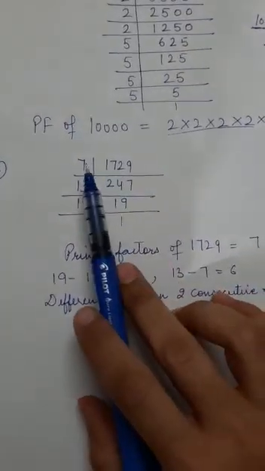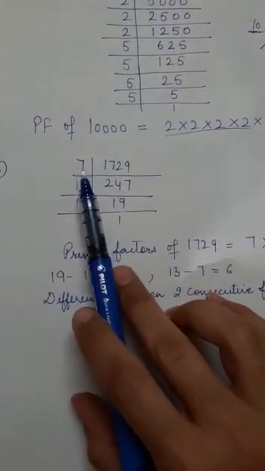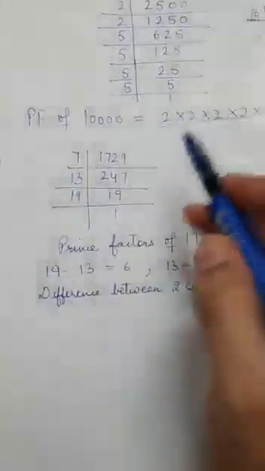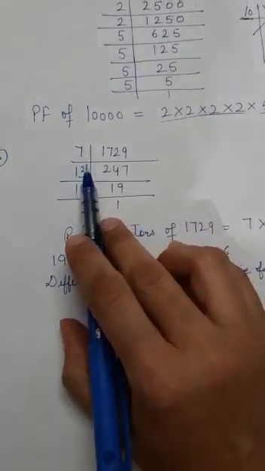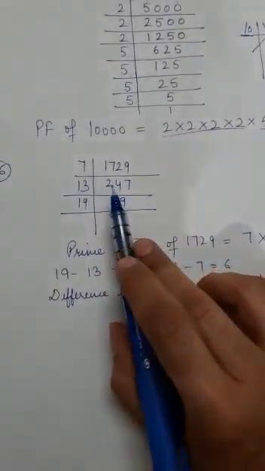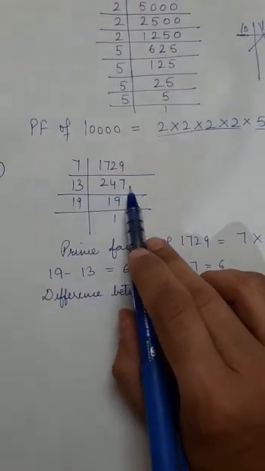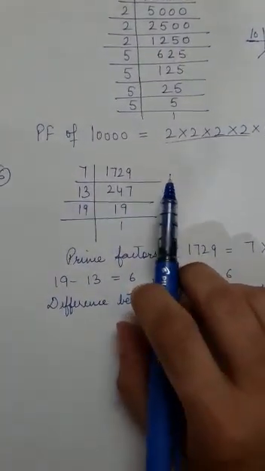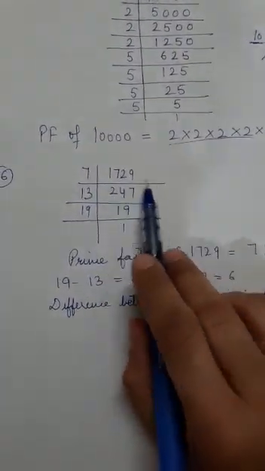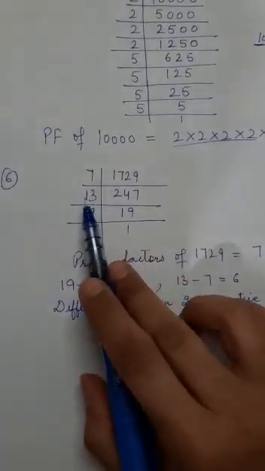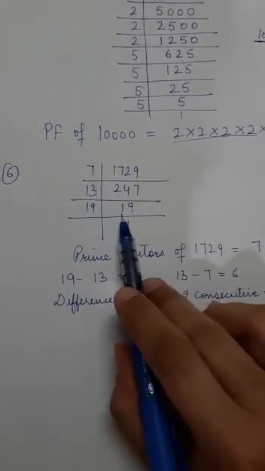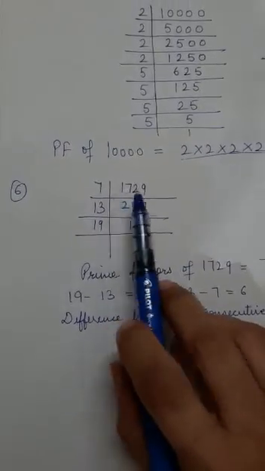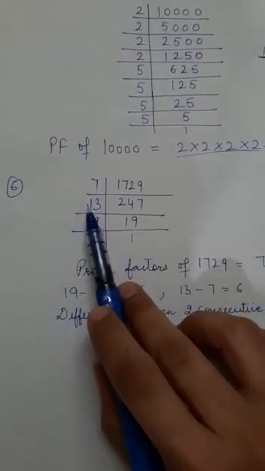Now I know this number is divisible by 7. Okay, so I have divided this number by 7 and I'll get 247. Then I have divided this 247 by the number 13. I'll get 19. And I know 7 is a prime factor, 13 is a prime factor.